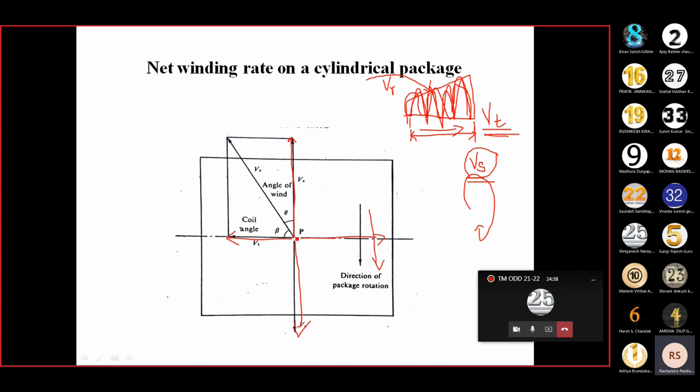This is the net winding rate. It is mainly due to Vs and Vt.